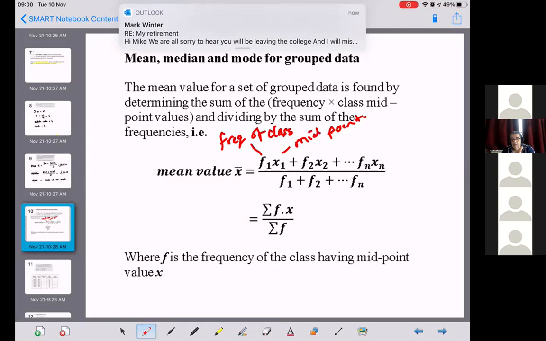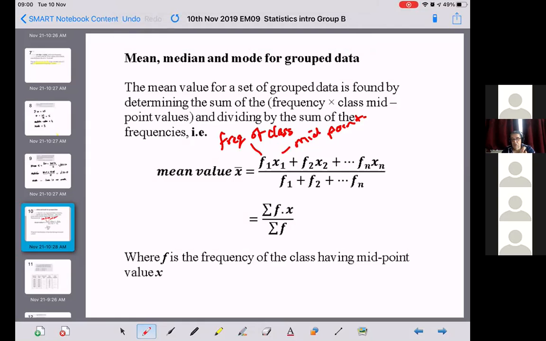Then you multiply those two together, add them all up, and divide by the total number of items, so you add all the frequencies up. That is most succinctly described by the sum of f times x over the sum of f. And that will become much clearer when we have a look at the proper example.